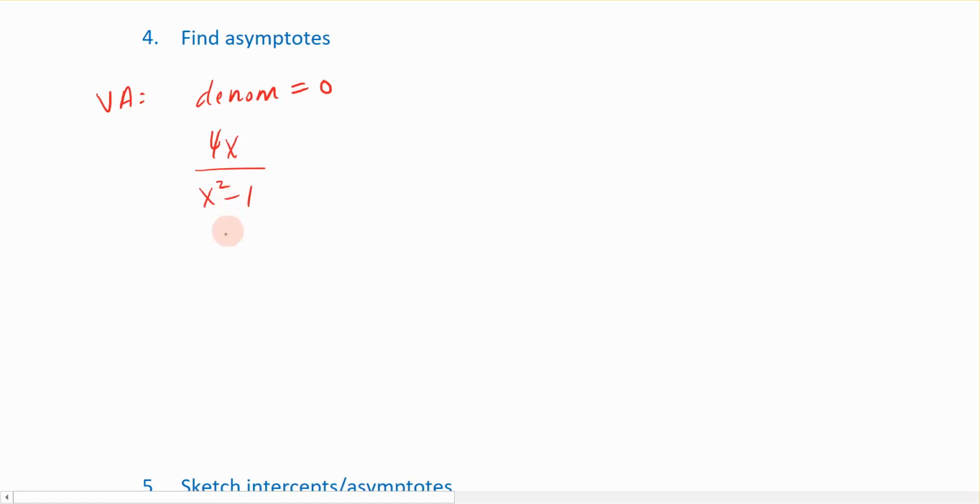So I'm going to take the denominator, set it equal to 0, and solve. I add 1 to the right-hand side. That gives me x squared is equal to 1. Take the square root of both sides, and I find that x is now equal to a positive and a negative 1. So I have vertical asymptotes at x equals positive 1 and x equals negative 1.